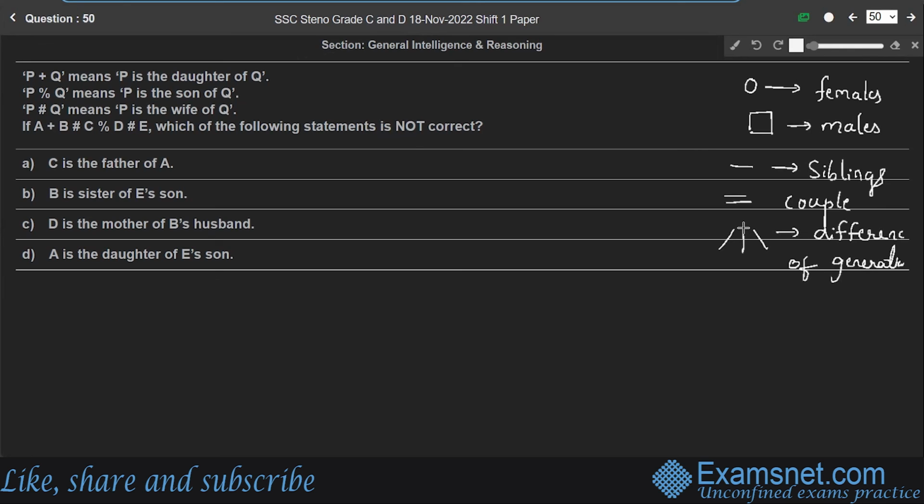Therefore, here the question is A plus B. A plus B means the first person is daughter of the second person, which means a difference of generation. A is daughter of B. Therefore, A is a female.